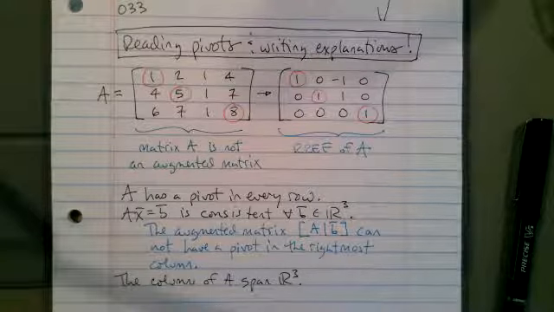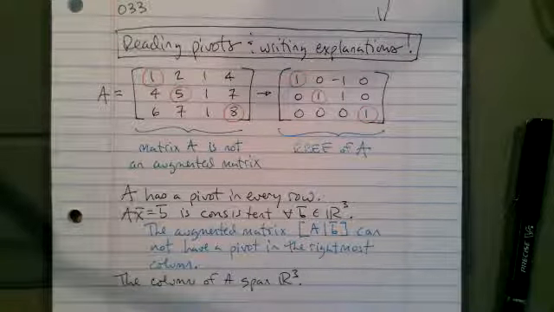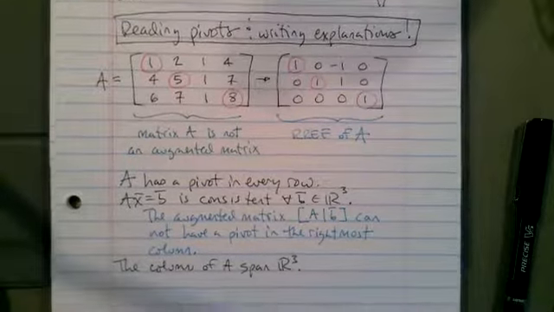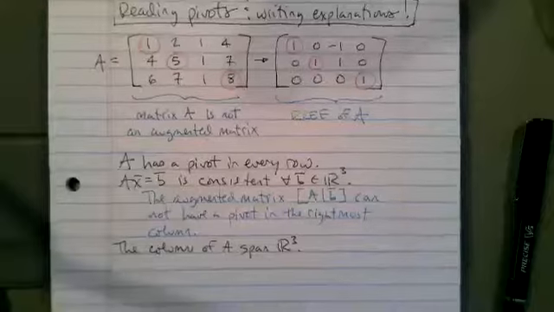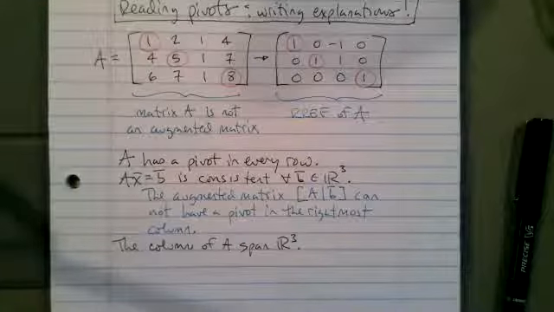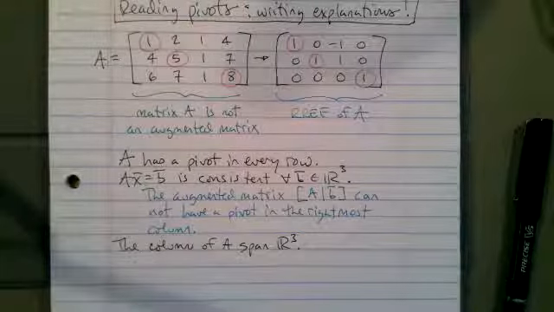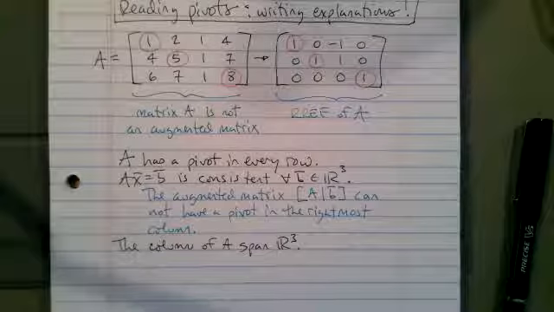This is because AX equals B is consistent for all B in R3. Everything in R3 is a linear combination of the columns of A. So the reason that we say the columns of A span R3, that's the same as saying that everything in R3 is a linear combination of the columns of A.